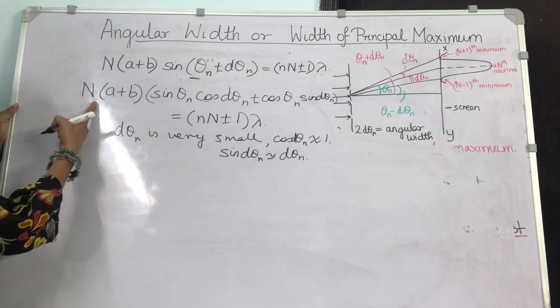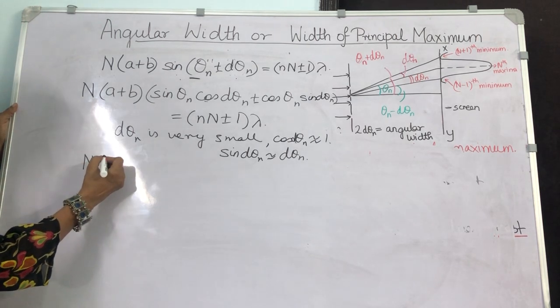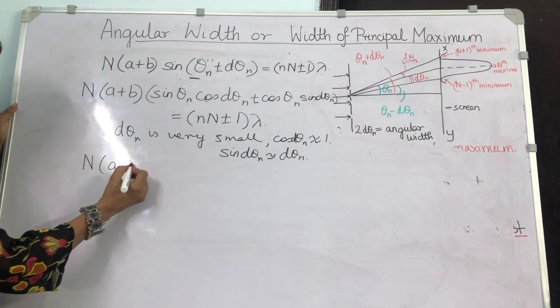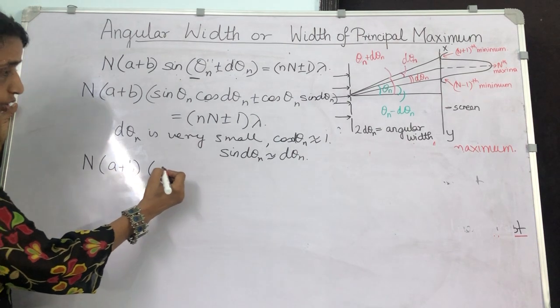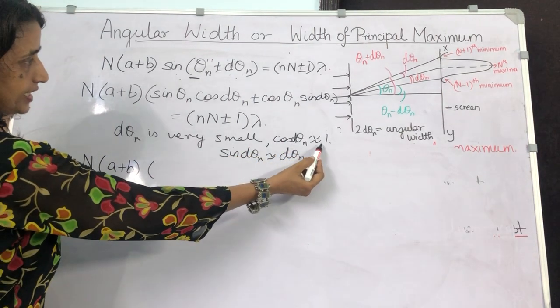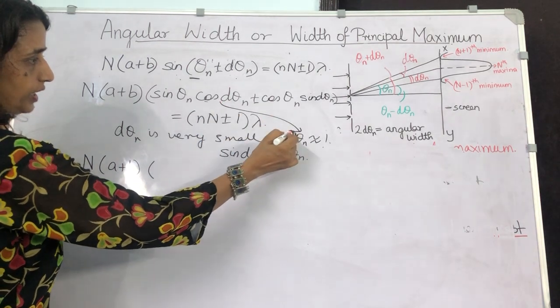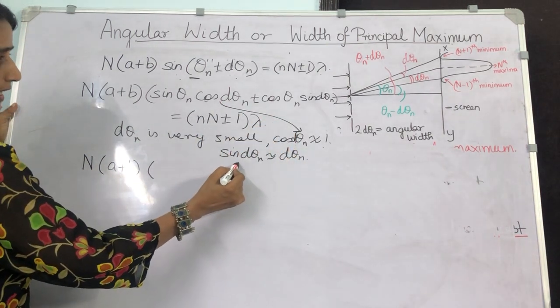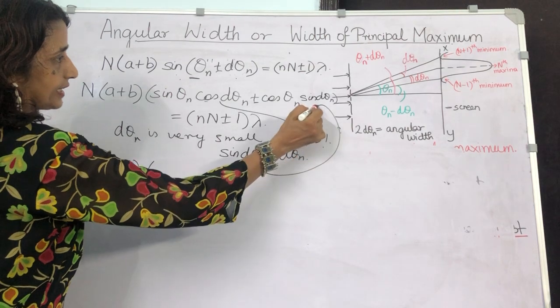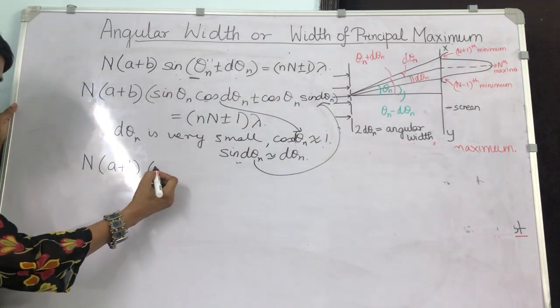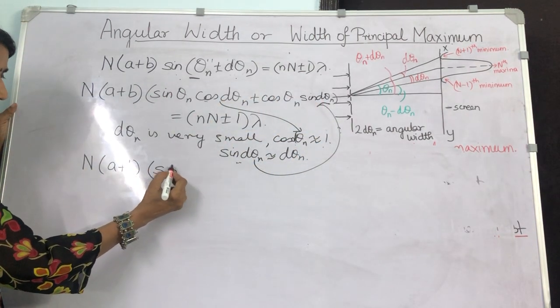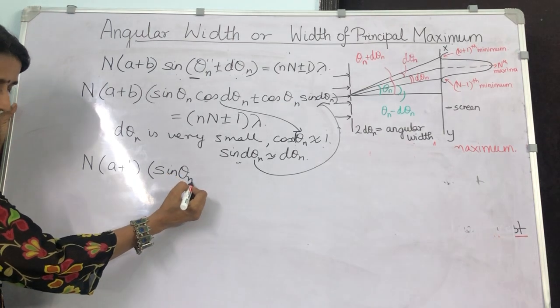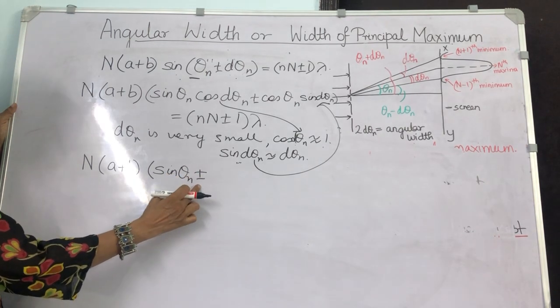So this expression becomes N(a+b) into, now cos dθn is approximately 1 and sin dθn is dθn. So this becomes sinθn ± cosθn dθn. Why plus or minus?